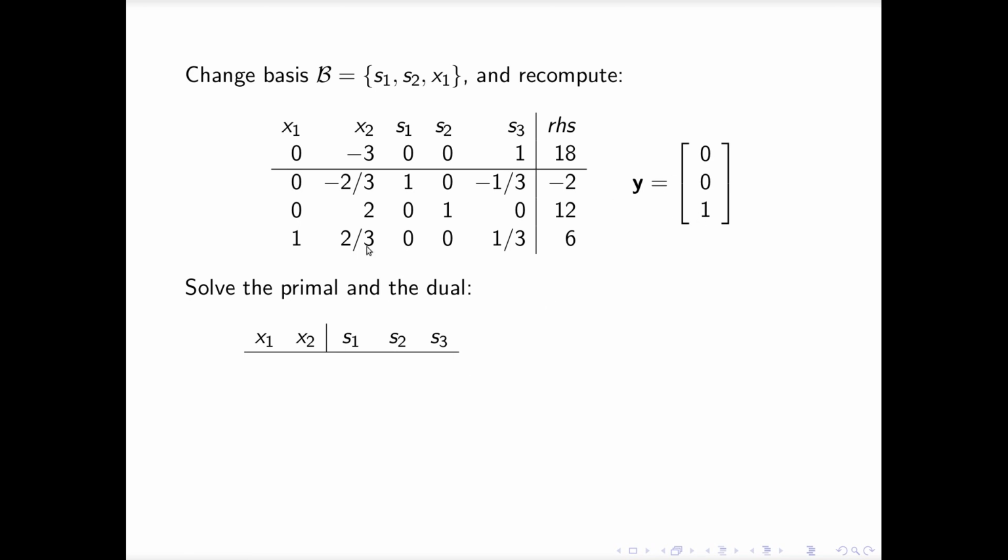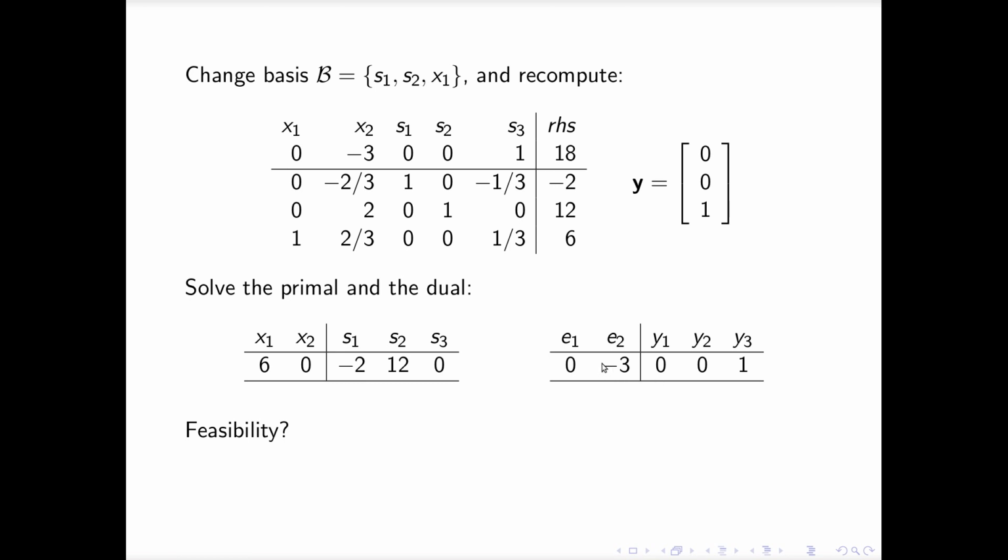And then can I find the solution to the primal from here? Let's see, x1 is 6, x2 is 0, s1 is negative 2, s2 is 12, s3 is 0. Good. Plugging in our formula for E1 and E2 again, we get a 0 and a minus 3.